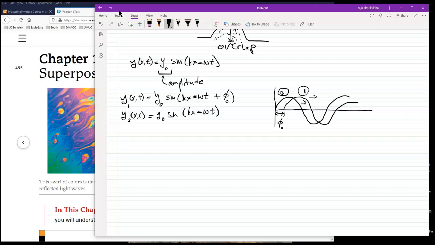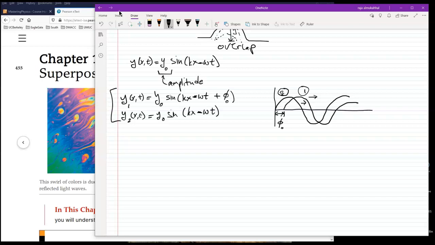So when they meet each other, again they have a difference in phase constant. When they meet each other, how do they overlap? How does the superposition look like? In other words, the sum of the two waves, how does it look like? This is what we are concerned about. According to the superposition principle, it's the algebraic sum of the two waves.